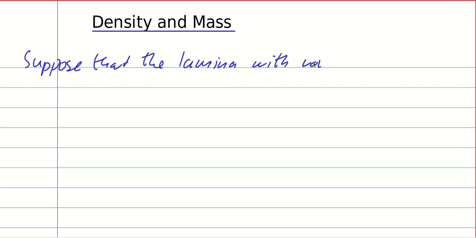Suppose that the lamina, so a thin plate pretty much, the lamina with variable density.